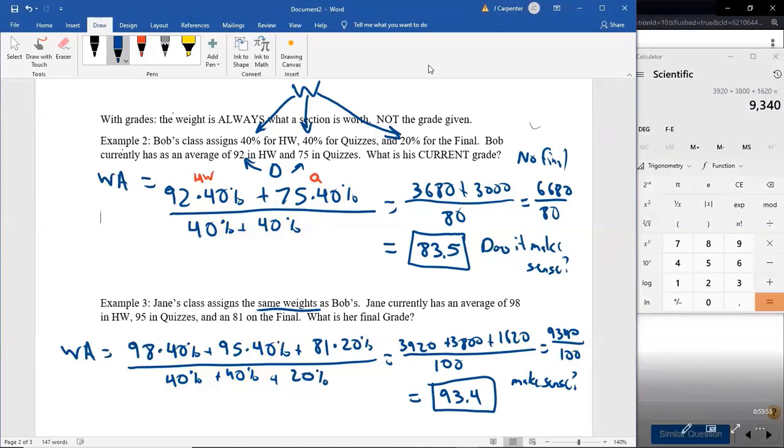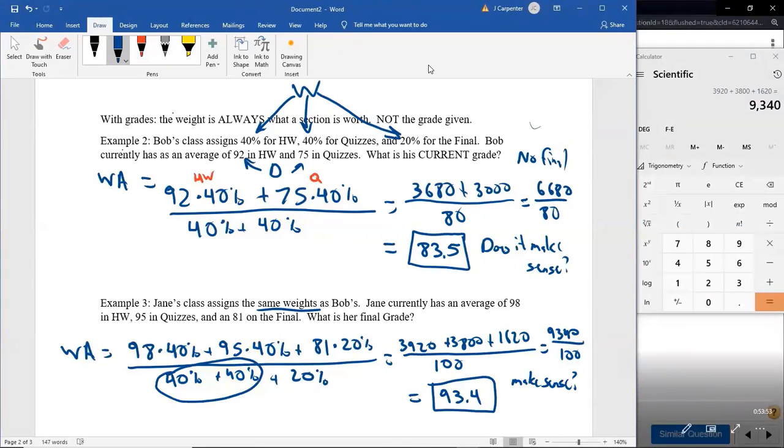I wouldn't really ask you to think about it further, but if you are working on becoming more numerate, you could say, all right, well, which should we be closer to? Well, we did really, really well on homework and quizzes, which make up 80% of the assignments. So that should have a bigger effect than the much smaller 20%, a quarter of the size, where we did slightly less well.